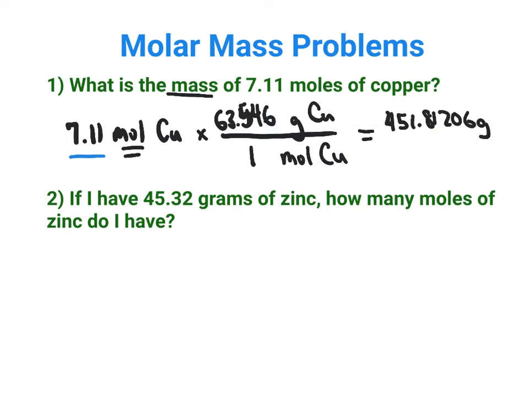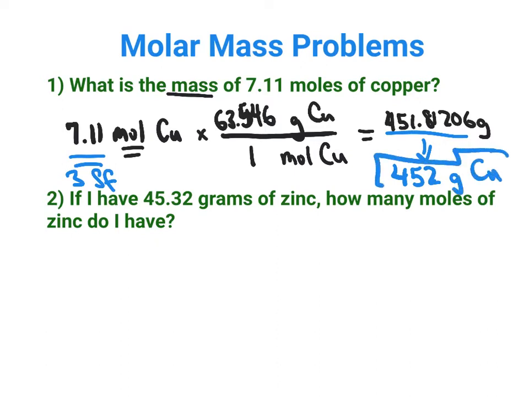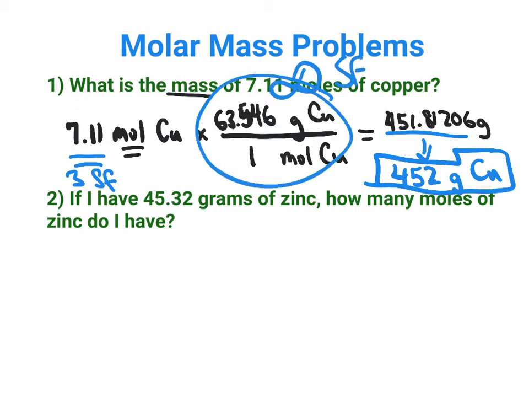So we go back here, we see that this number has 3 sig fig. So we're going to round this to 3 sig fig, and our answer is simply 452 grams of copper. You can assume that our conversion factor has infinite sig fig. Okay, and that's always the case with the periodic table.